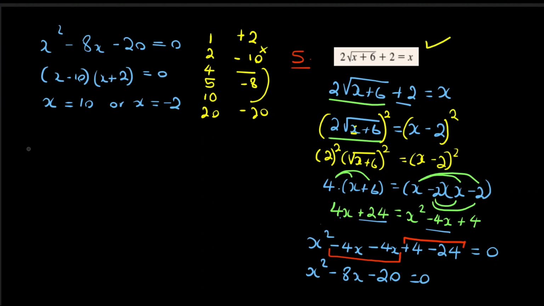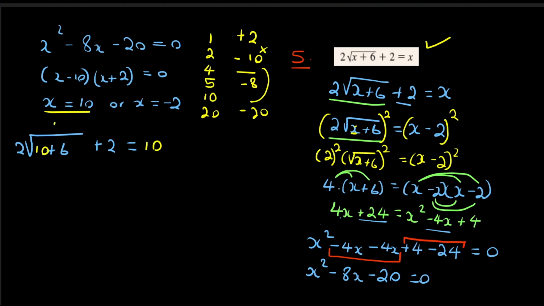So we need to perform a check. How do we check? Substitute it into the original. So we're going to say 2 root of x plus 6, plus 2, is equal to the x value. So the first x value you're going to test is 10. So we're going to substitute 10 for this x. So now it will be 10 plus 6, and then it should be equal to 10.